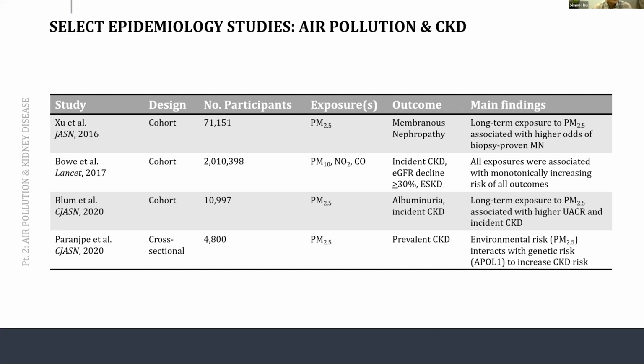And the same year, you have a study by Paranjpe. And what they found was that fine particulate matter, PM2.5, is associated with increased risk of CKD, as was the higher risk APOL1 allele. But those with exposure to both had the highest risk. And so this study shows that environmental risk can interact with genetic risk to increase the risk of kidney disease.